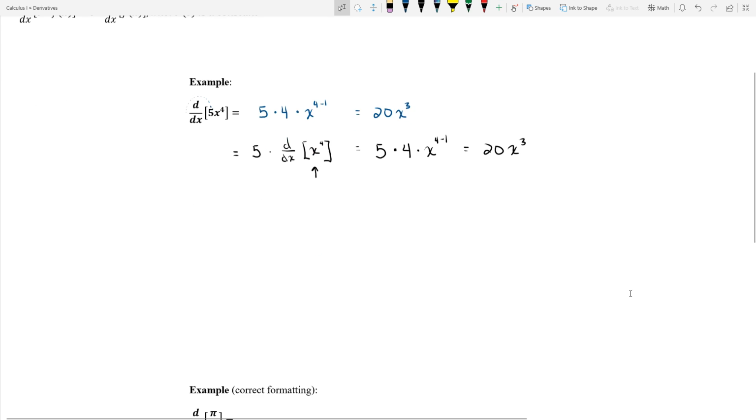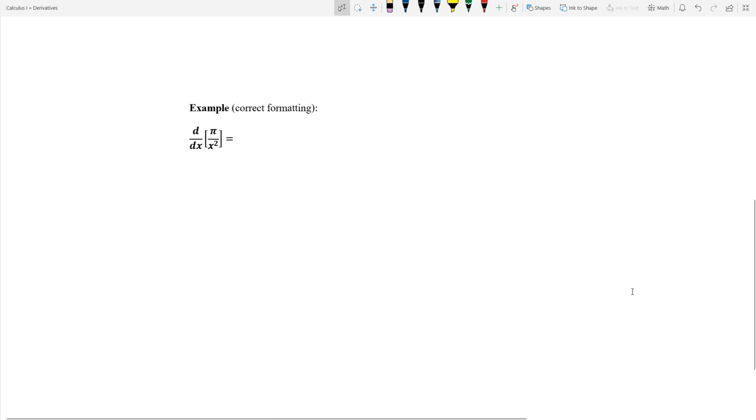We can do that by saying that this would be equal to pi multiplied by x to the negative second power. So we just rewrite that in a form that fits that general format above.